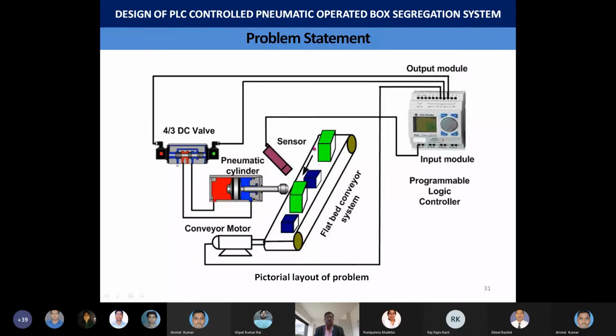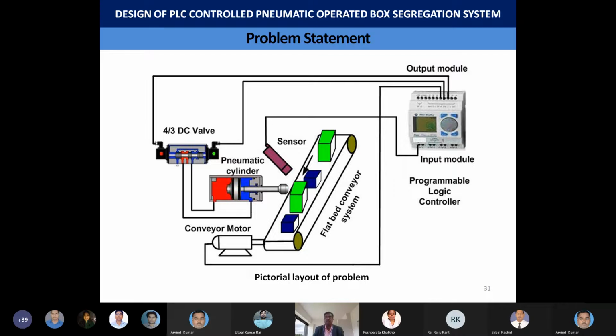We allow the low boxes to go along the same conveyor, and the high boxes we remove from the conveyor. To remove the high boxes, the sensor system gives a signal whenever a high box comes to a particular position near the cylinder. It gives the signal to the PLC controller system.